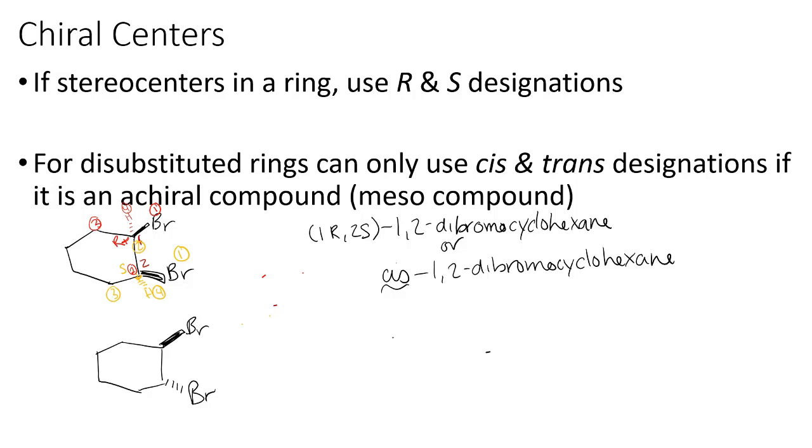But if we look at our structure down below, notice now one bromine is pointing out, one bromine is pointing back. So if we go through and you actually assign all of your designations, and I encourage you to try assigning all of your designations to make sure you get the same name, the name for this would be 1R, 2R, 1,2-dibromocyclohexane.